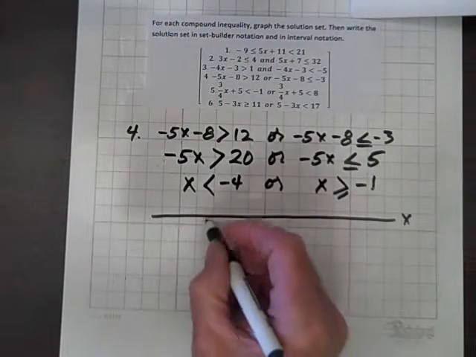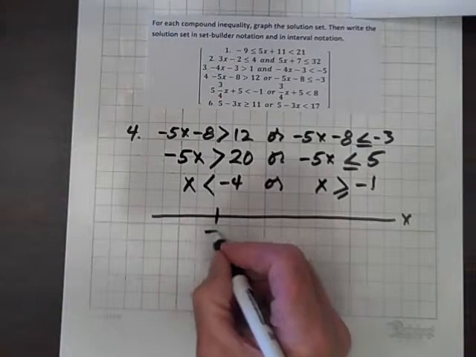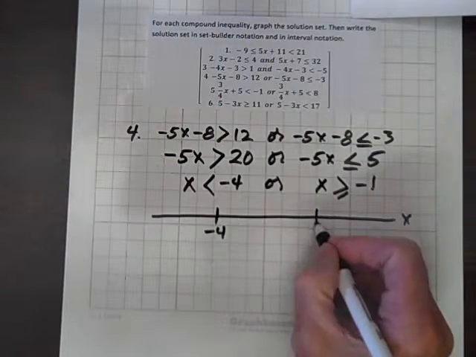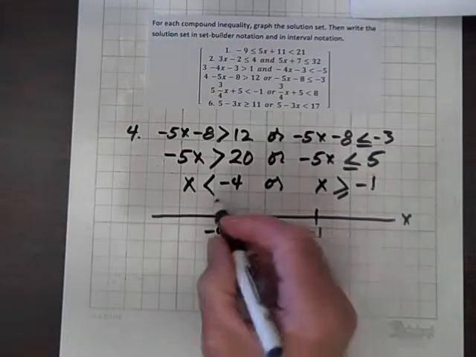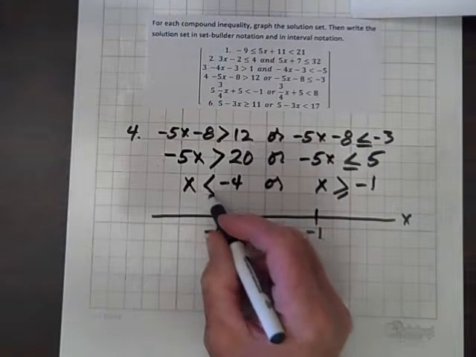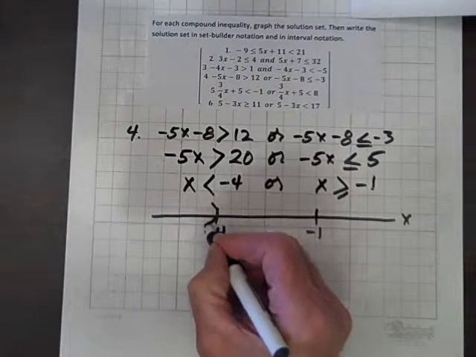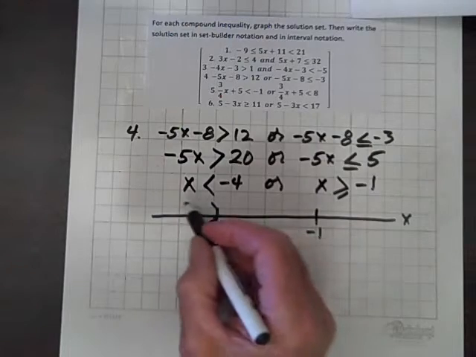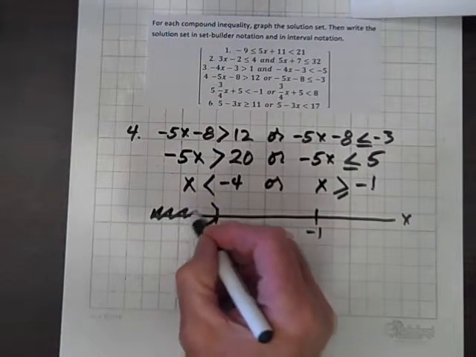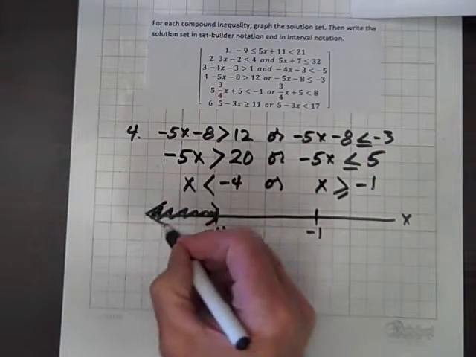Graphing that, we have a hash mark at negative 4 and another one at negative 1. There's no equal sign associated with that inequality, so we have a parenthesis, and x is any value less than negative 4.